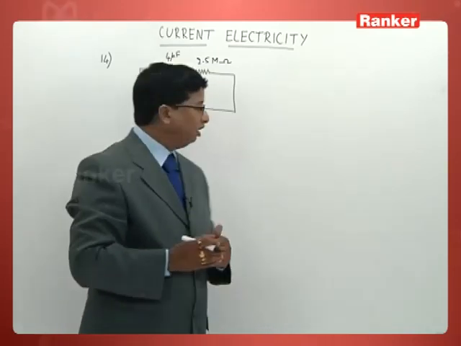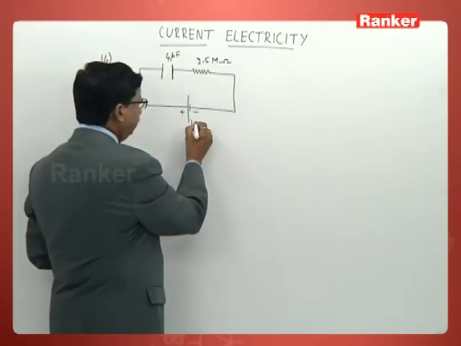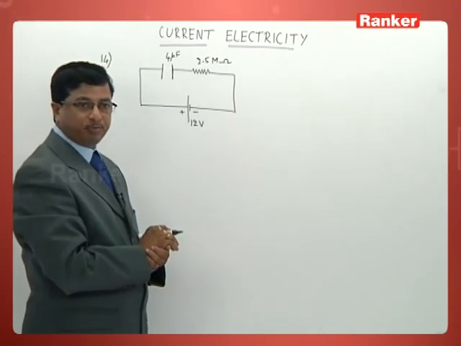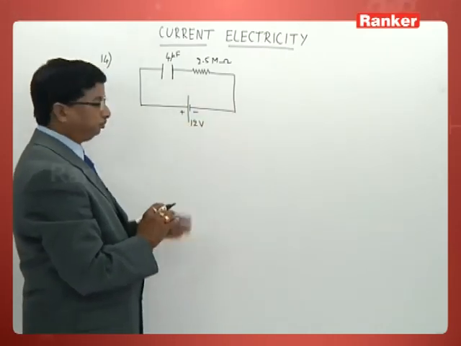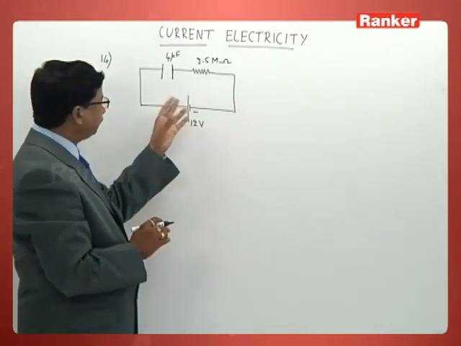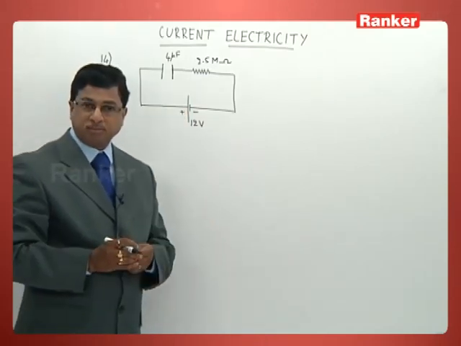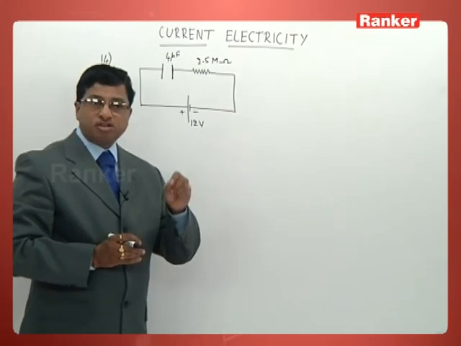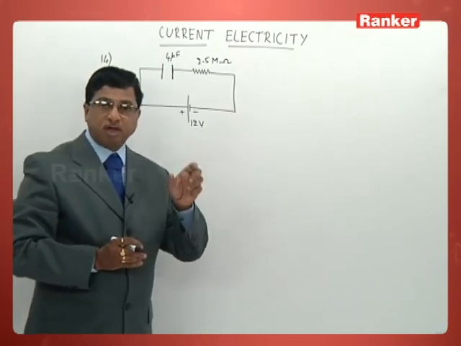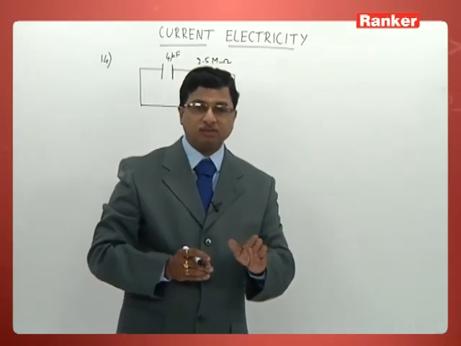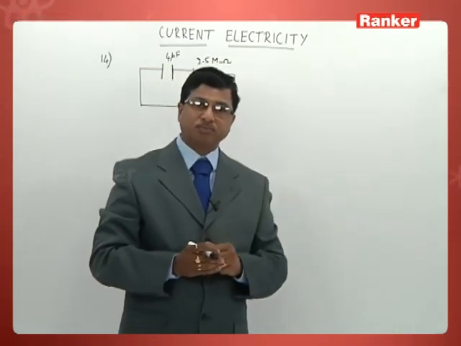So the voltage over here is given as 12 volt. This is the construction. What he is asking you to calculate is after what time the potential difference across the capacitor is 3 times the potential difference across the resistor.